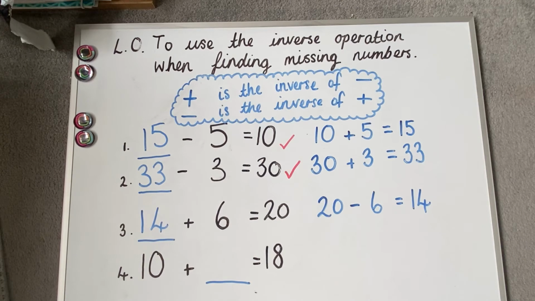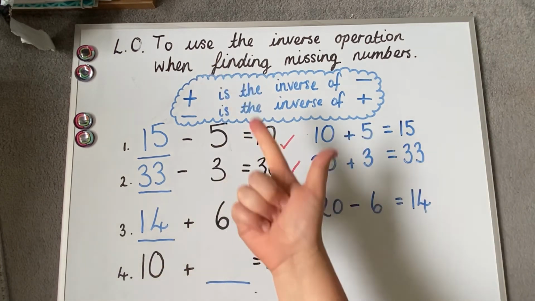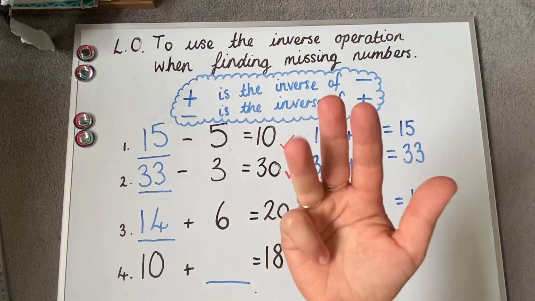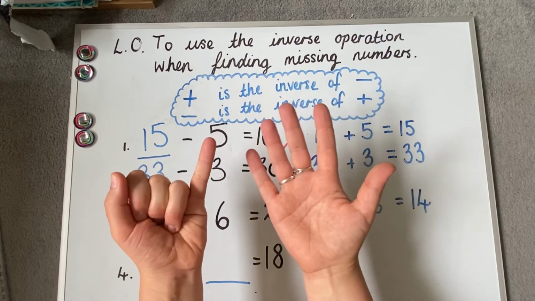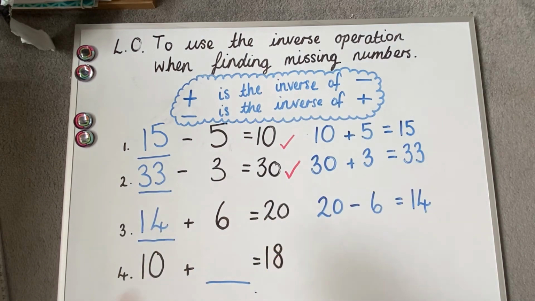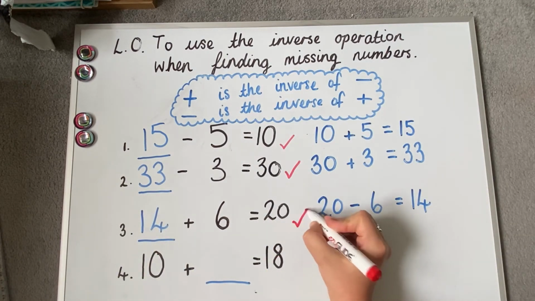Should we double check just by counting on? I know lots of you will have done it quickly in your heads by now. So 14, 15, 16, 17, 18, 19, 20. I've counted on 6 from 14 and it's given me 20. So that one is correct.